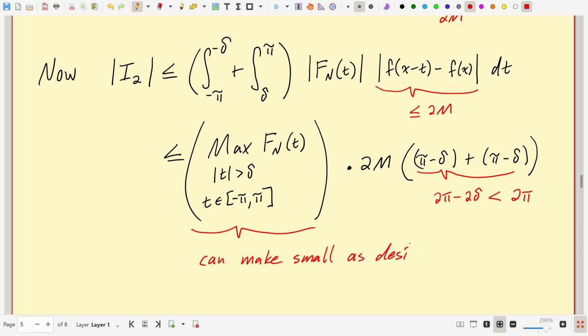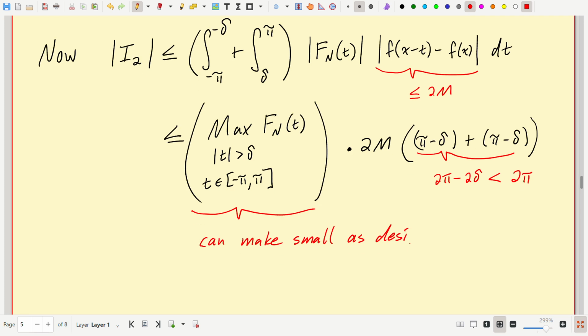This is the first time I had to choose n big. In I1, I didn't have to care what n was, which is interesting. So I didn't do that, but now I need to do that. I can make it as small as desired by taking n sufficiently large.